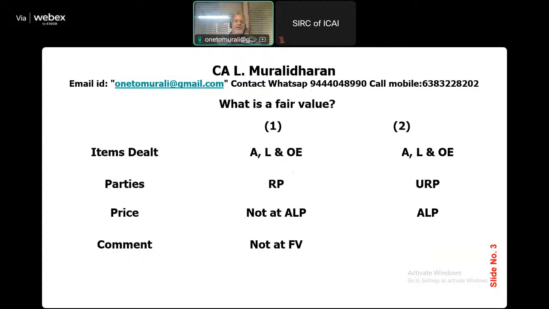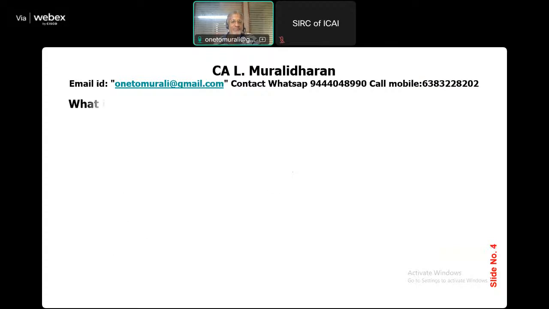You can conclude that any transaction between related parties will not be taken as fair value, while between unrelated parties the price will be taken as fair value. This is a common sense understanding anybody would have. So arm's length price equals fair value.